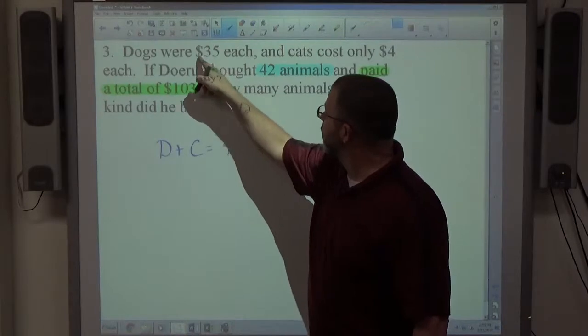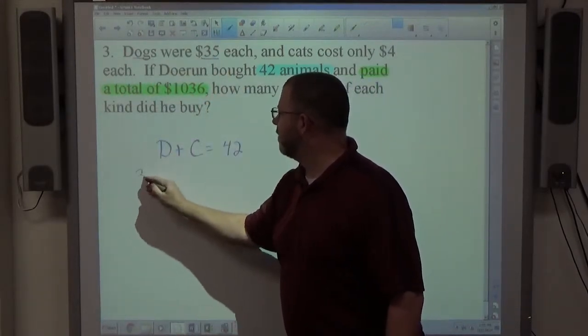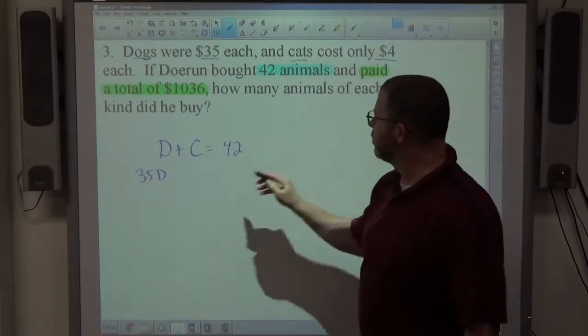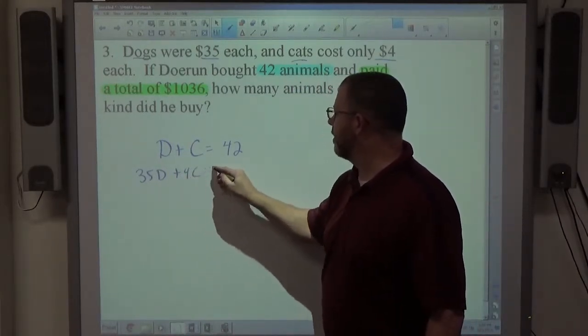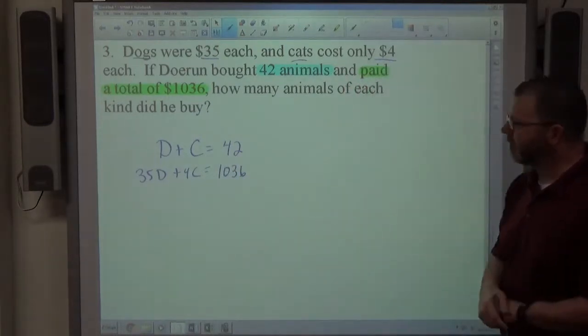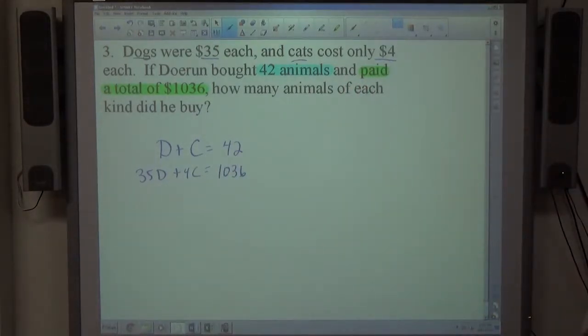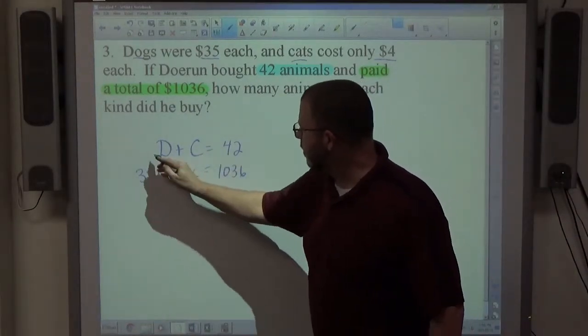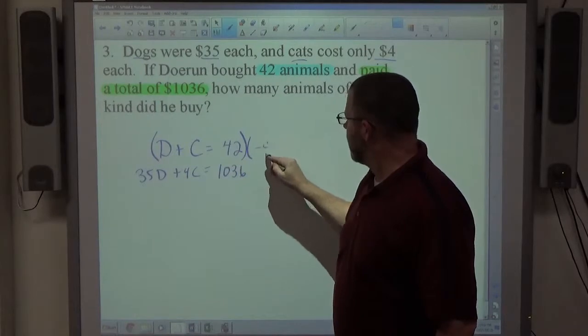So every dog is $35. That means 35 times D represents how much money is spent on dogs. Every cat's $4. So $4 times the number of cats is equal to the total amount of money paid for everything. And at this point, I'd probably take the top equation by -4 to get rid of the C's. So -4 goes there.